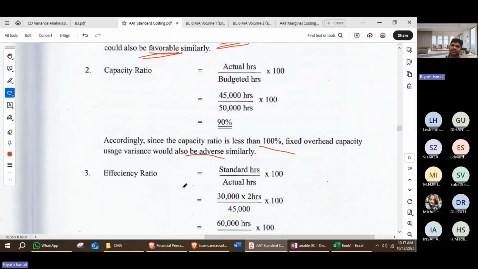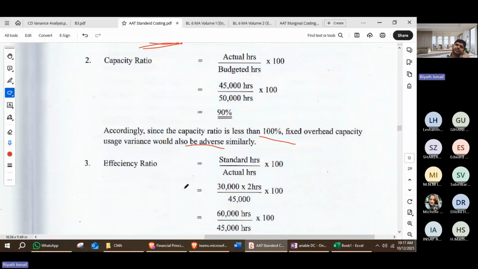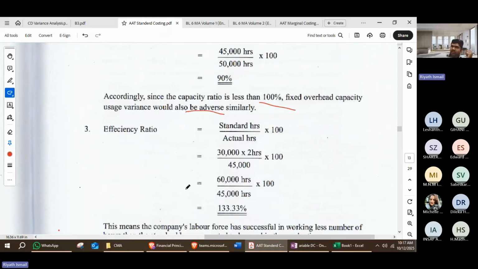Look at the efficiency ratio: standard hours over actual hours. Standard hours, they estimated for the actual production 60,000 hours, right? 60,000 hours estimated, but they did the same task within 45,000 hours.